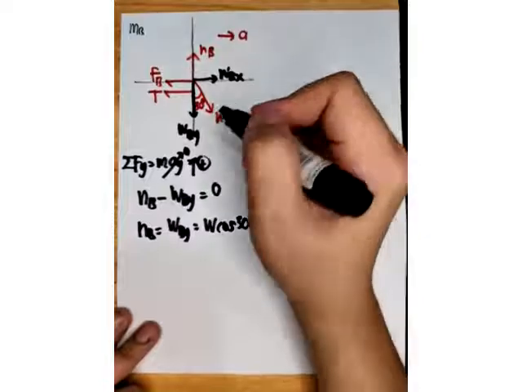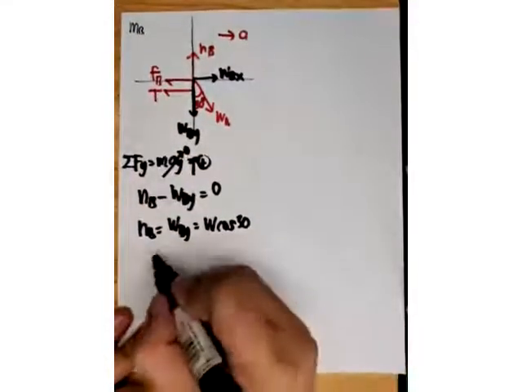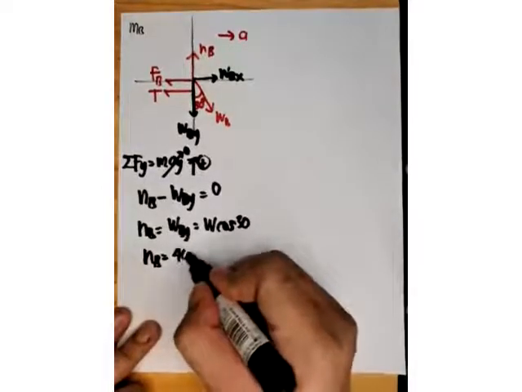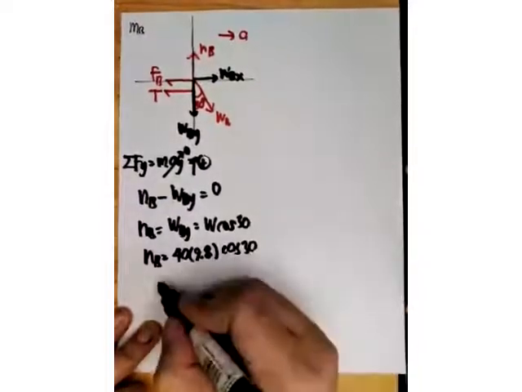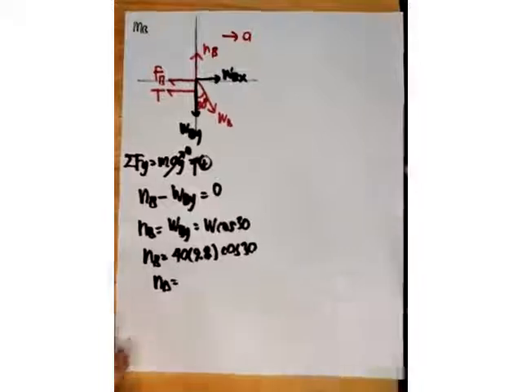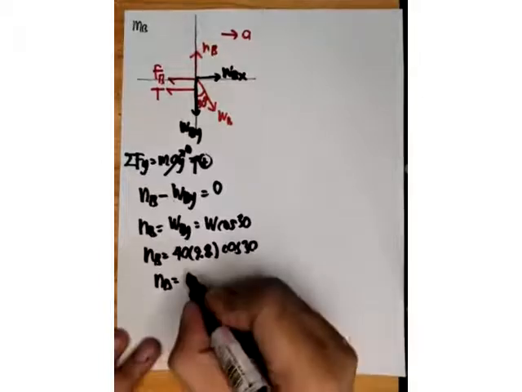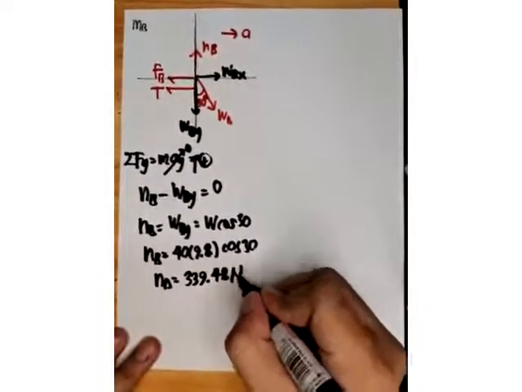So kayo nang bahala kung ano yung gusto yung gamitin sa trigo. Basta SOHCAHTOA lang. Okay, so therefore, NB is equal to 40 times 9.8 times cosine 30. So the normal force is 339.48 newtons.